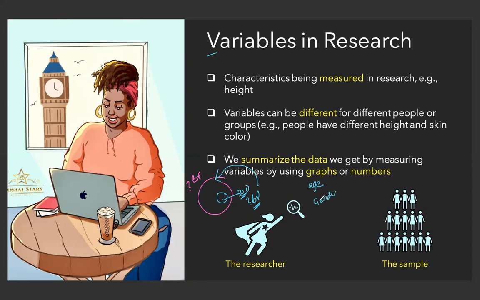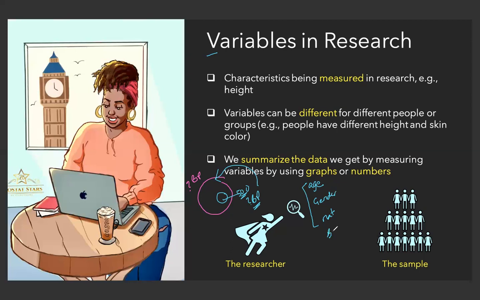Some people might be males, some will be females. I could also measure nationality because there are different people in this country. Some people might be Qataris, some might be Palestinians, some might be Iraqis, some might be Nigerians, and so on, right? So these are examples of some variables that we could measure when we're doing research.